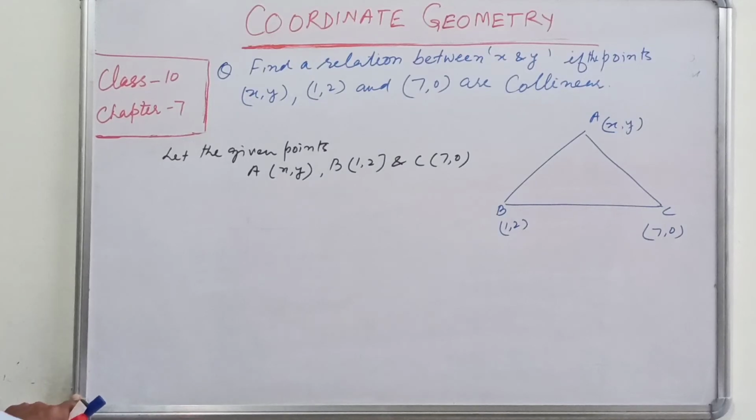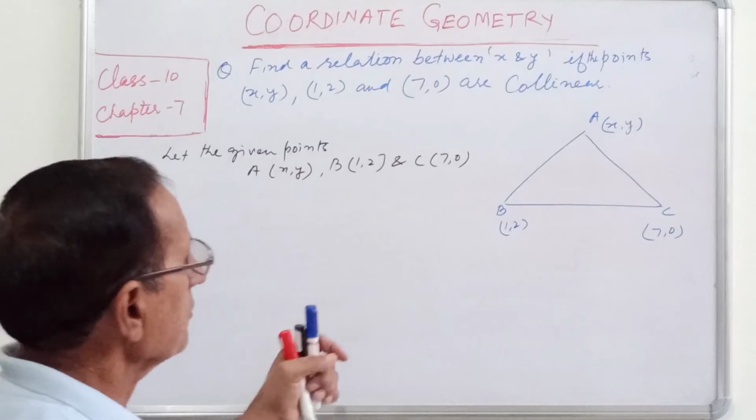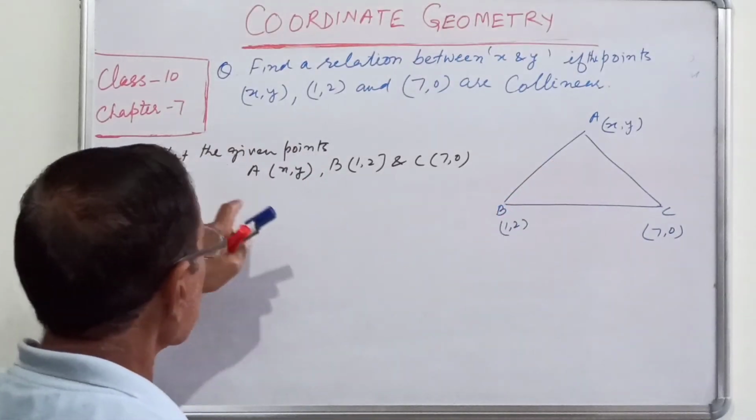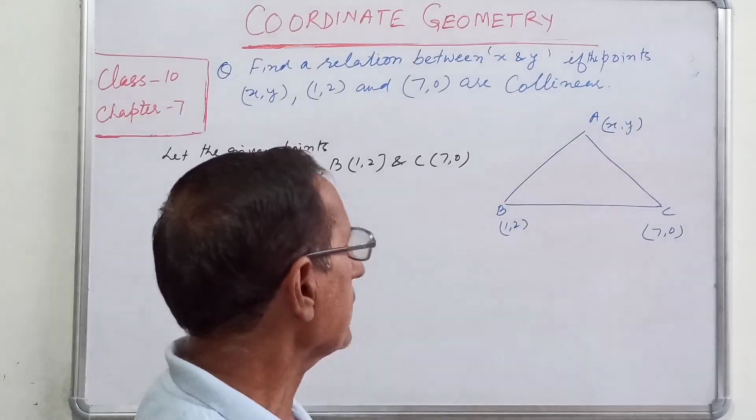So we have to prove these 3 points are collinear. If the points are collinear, the area of the triangle ABC will be equal to 0.